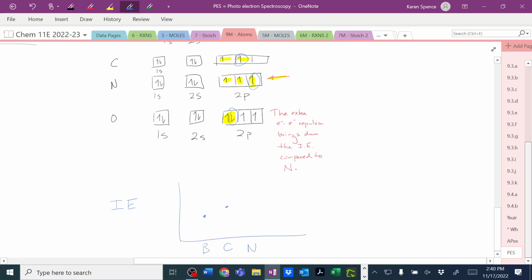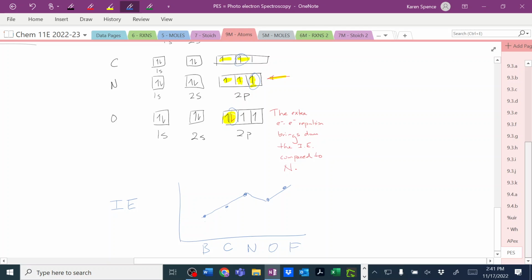Nitrogen, it would be higher yet. And then oxygen, it's going to go down, but not by a whole lot, just a little bit. And then for fluorine, what comes after oxygen, we're going to be heading back in an upward trend again. So it's going to go like this. There's a little dip, and then it goes up again.